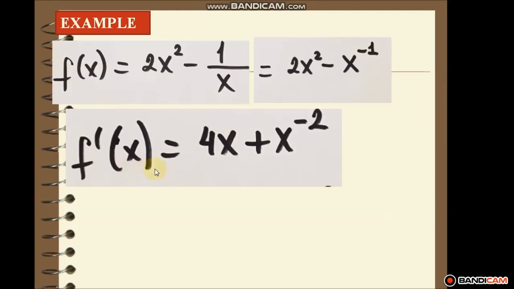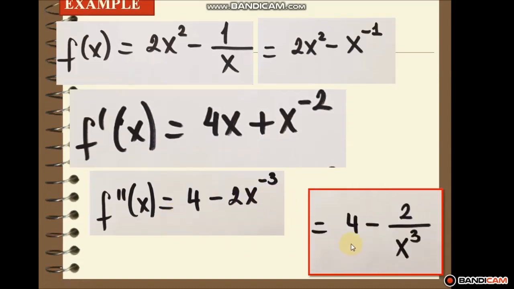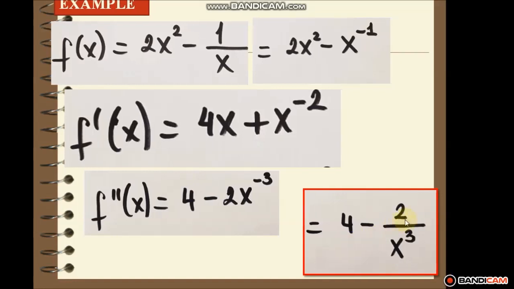Our first derivative is equal to 4x plus x to the power of minus 2. And the second derivative is 4 minus 2x to the power of minus 3. If we write minus 2x to the power of minus 3 in ratio form, our result will be 4 minus 2 over x to the power of 3.